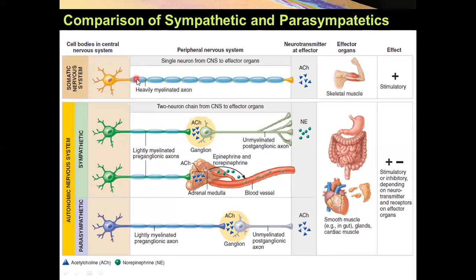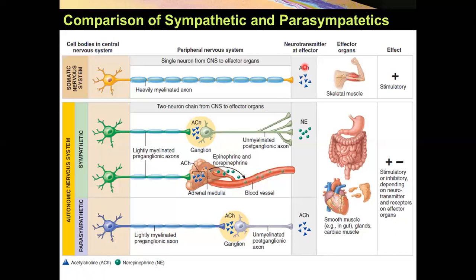Since somatic motor neurons are heavily myelinated, their conduction is really fast. By contrast, since the pre-ganglionic autonomics are lightly myelinated and their post-ganglionics are unmyelinated, the conduction through the autonomic motor neurons is slower.